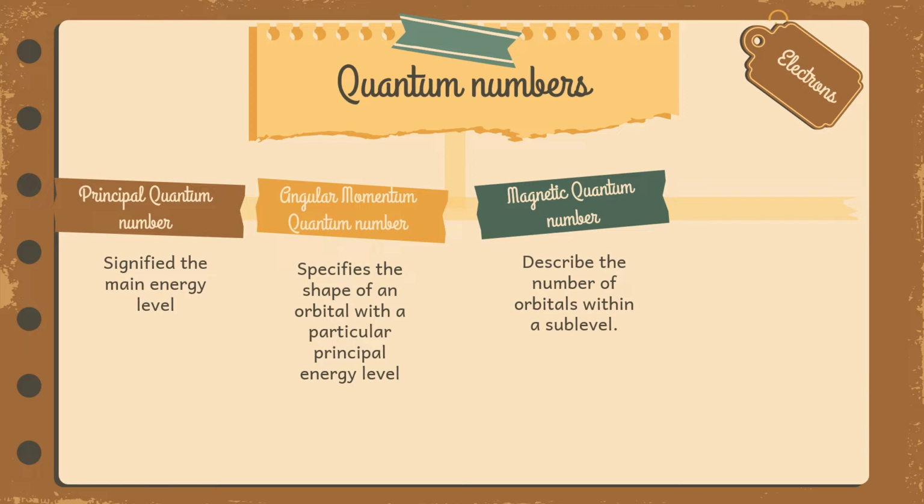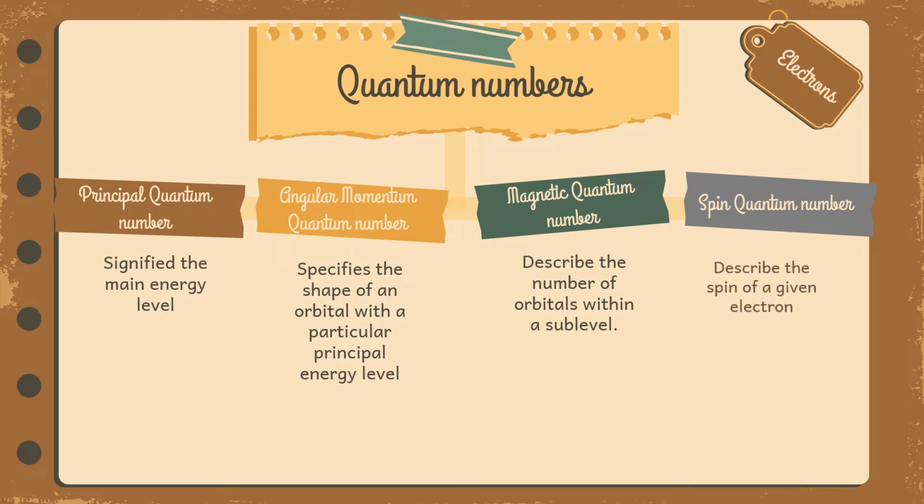So those numbers of orbitals per sublevel are indicated by the magnetic quantum number. And the last one is the spin quantum number. This one indicates the movement or the spin of a given electron.